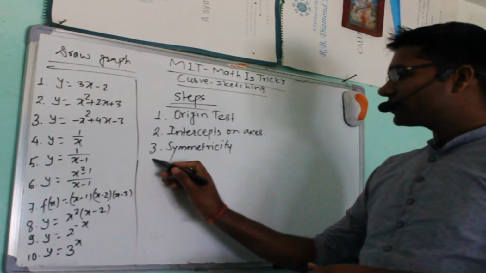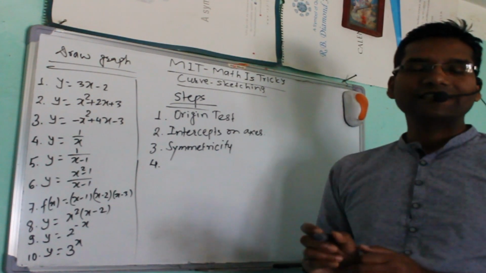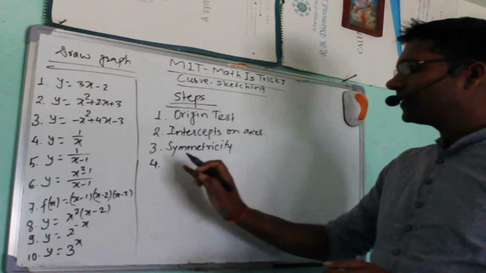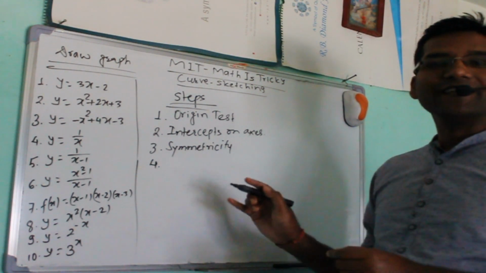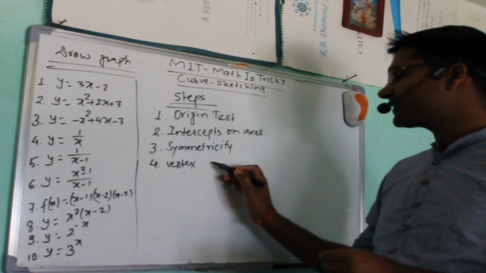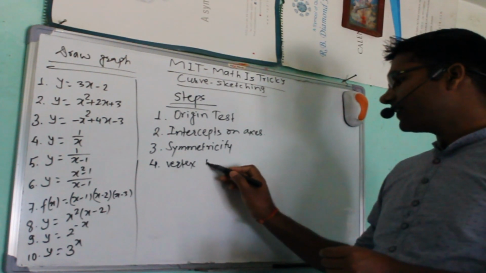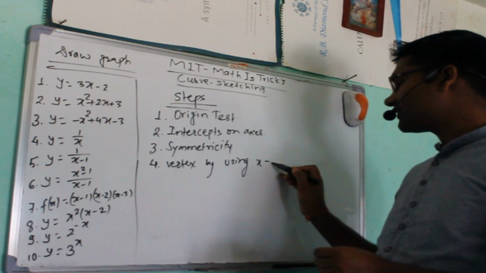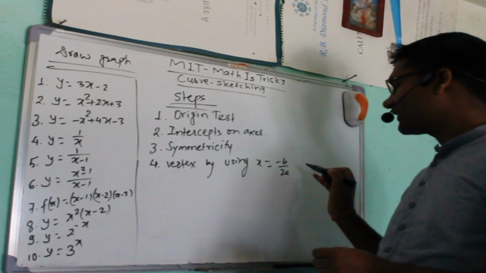So also after checking the symmetricity, you need to find, especially for a quadratic equation, the vertex by using x equals minus b by 2a.